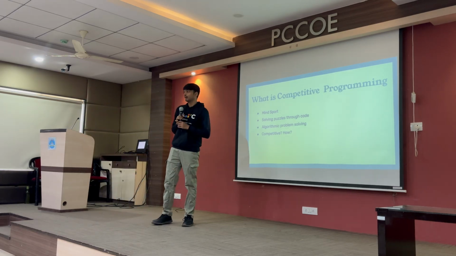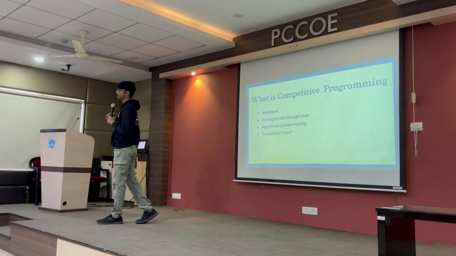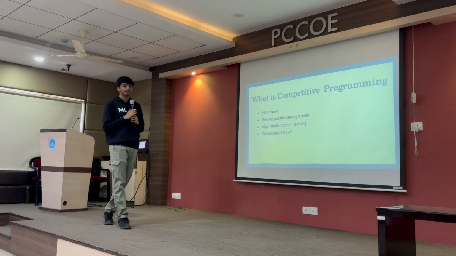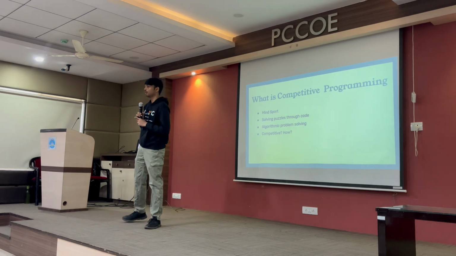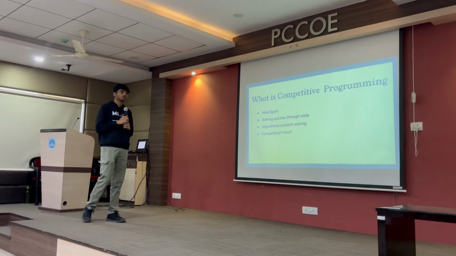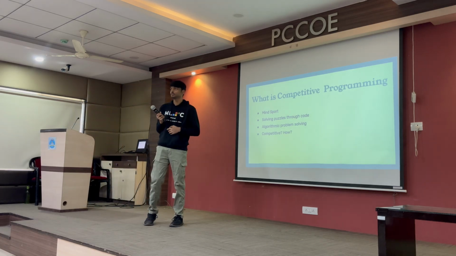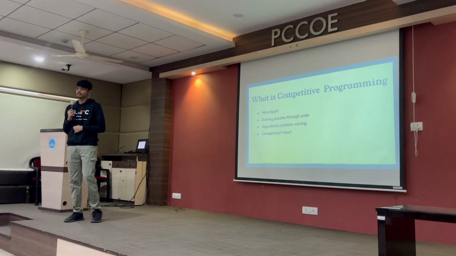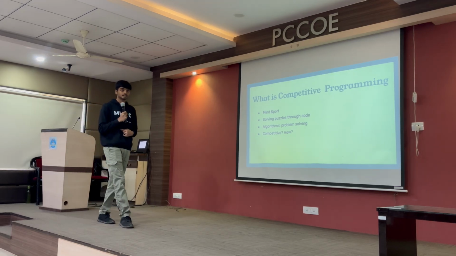If I said the value of n is 10 raised to 9, and we write a for loop, it will take a lot of time to execute. For 10 raised to 9, it would take approximately 4 to 5 seconds in C++ to execute.